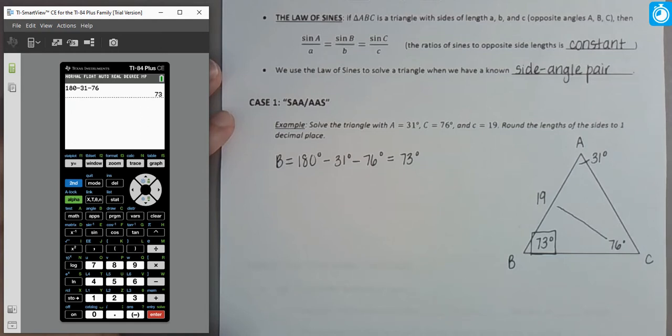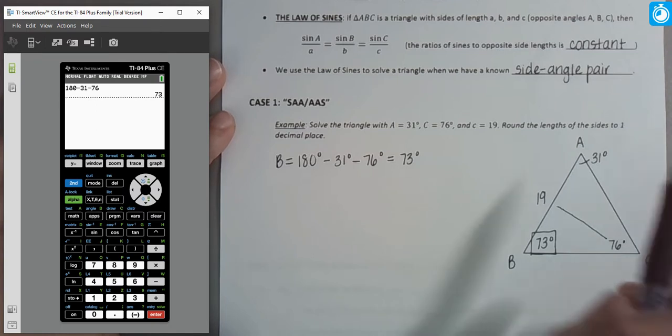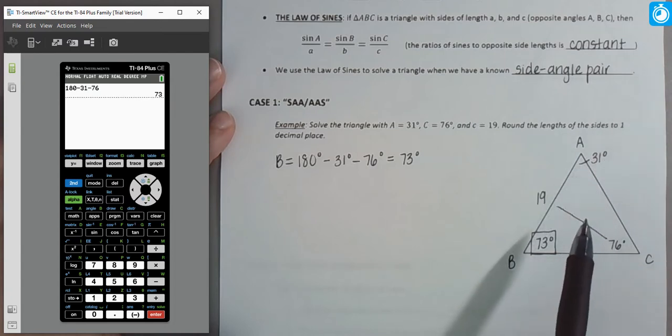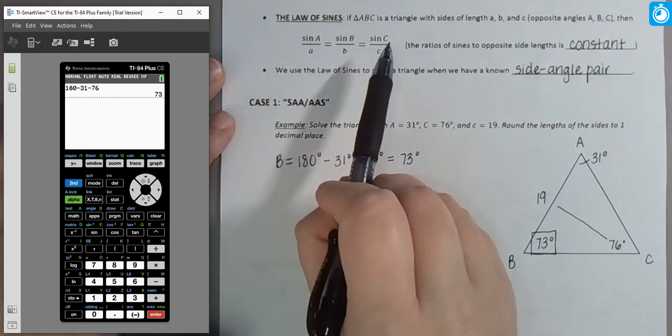So normally we can just go alphabetically. A good rule of thumb is start with the smallest angle and smallest side and work your way smallest to largest. So angle A in this case is the smallest angle, which means side A is going to be the smallest side as well. So here's what I'm going to do in order to use the law of sines.